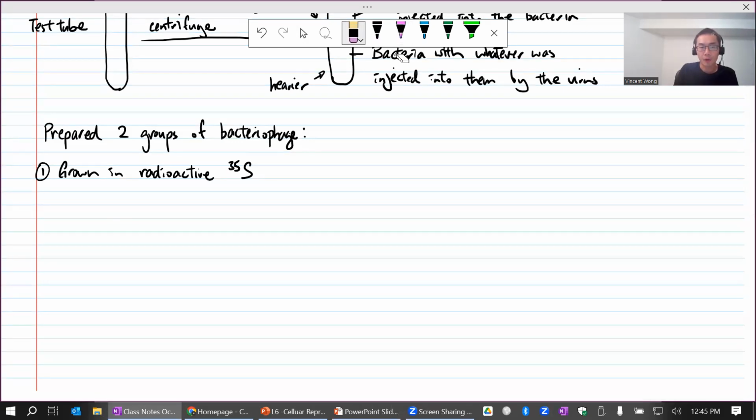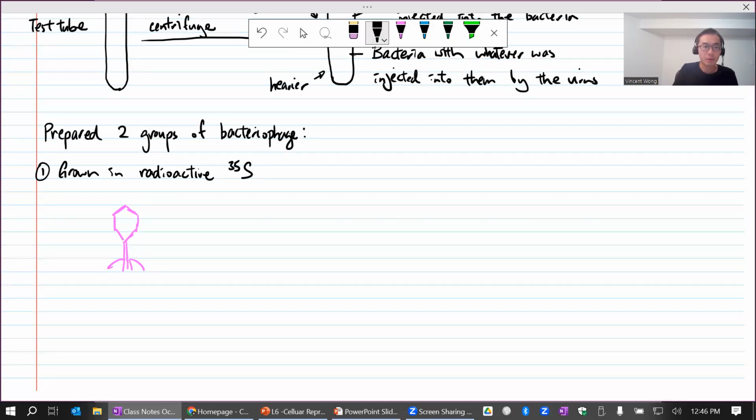Now, sulfur is only found in proteins, but not DNA. Protein is made up of CHON and trace of sulfur, right? So if you grow the bacteriophage, the virus, in radioactive sulfur, something that you can detect, that is going to label the protein.